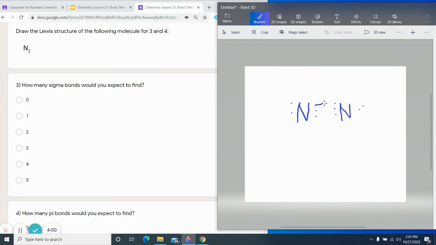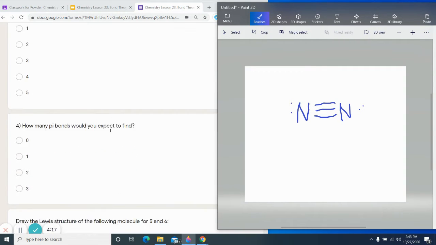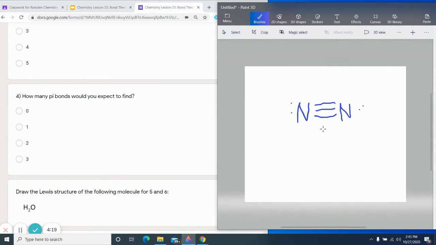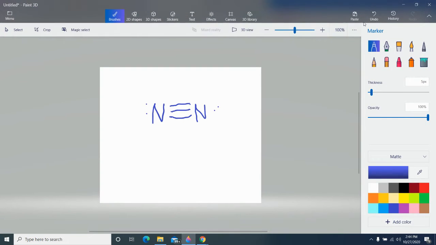This will be a single, double, and triple bond right here, and that's all we're going to have. Remember, the first bond is always a sigma, and any additional bonds are pi's. So this is one sigma, and this has 2 pi bonds.